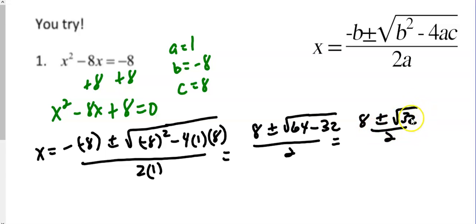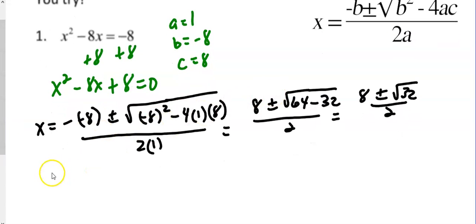So we have to, again, simplify that square root of 32, which becomes x equals 8 plus or minus 4 square root of 2 all over 2. So again, we're looking at 4, 8, and 2. A number that goes into all three is 2.